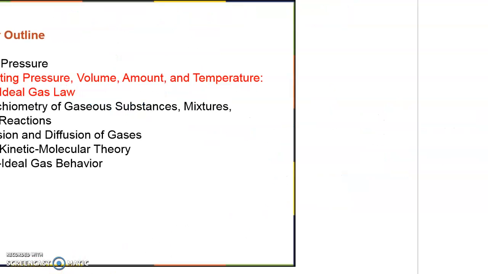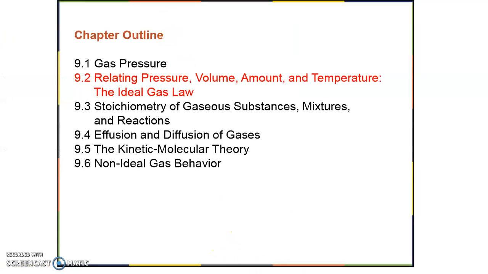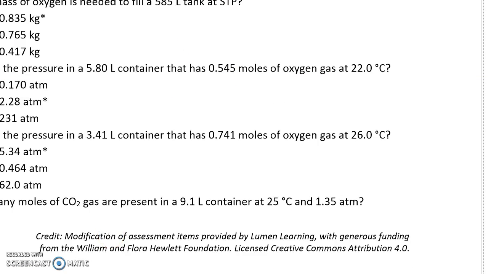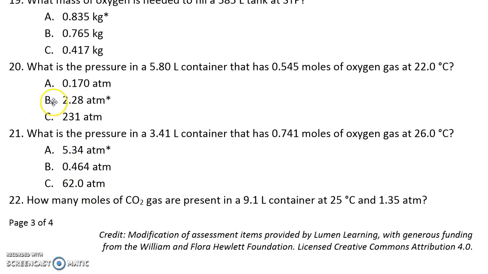Okay, now let's look at an example. Let's look at number 21, for example. What is the pressure in a 3.41 liter container that has 0.741 mole of oxygen gas at 26 degrees Celsius? Let's look at our ideal gas law.